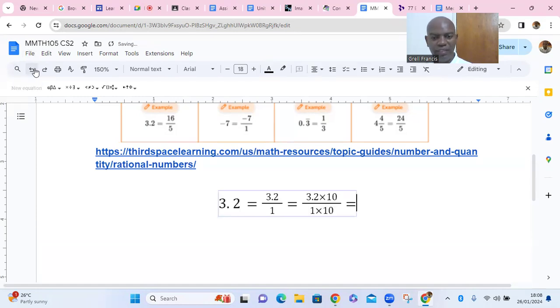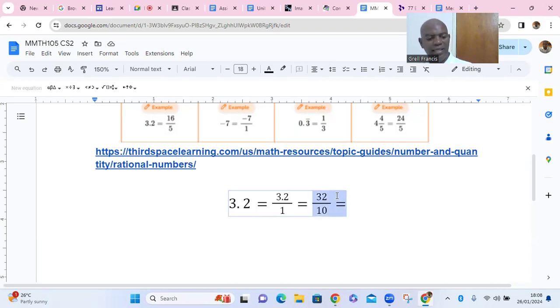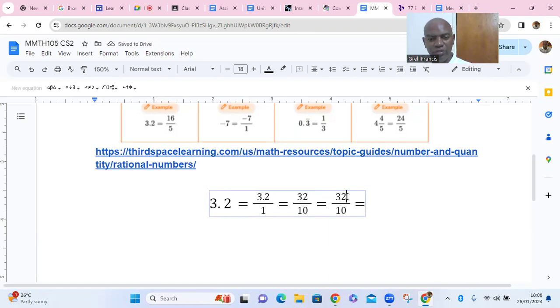And 32 over 10 can be simplified now by dividing both 32 and 10 by 2, because they've got a common factor of 2.